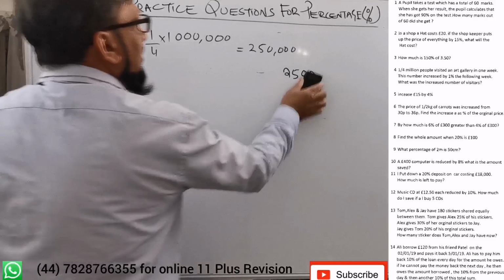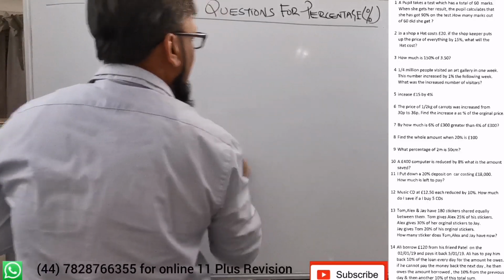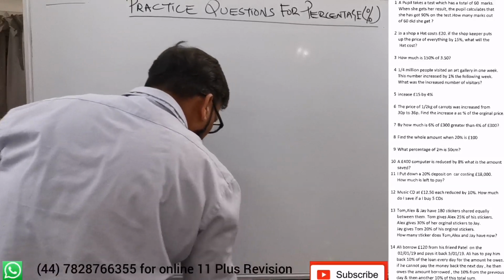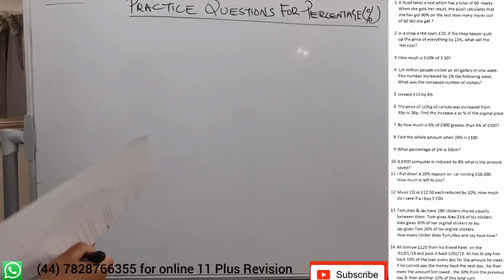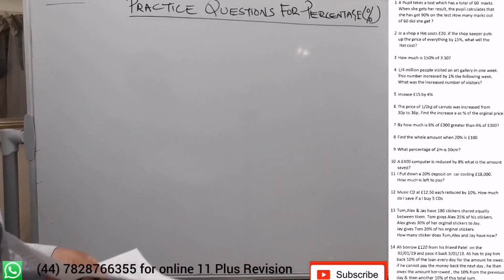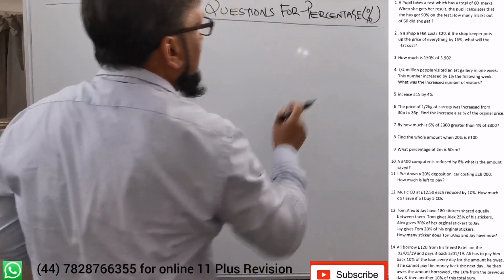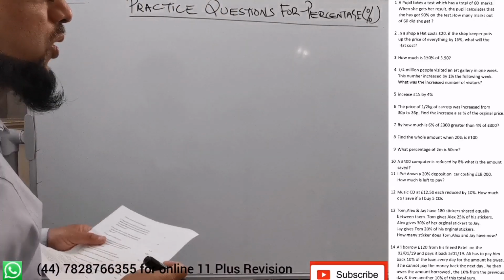as we did in question number 1. Go back again to question number 1. It says find 90% of 60, and we found that the marks she gets is 54.